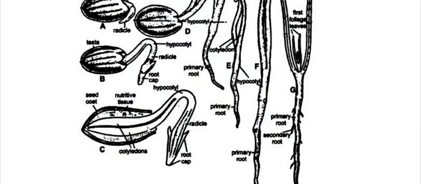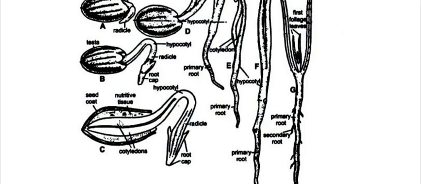Here this diagram is showing the longitudinal section of the germinating seed, the hypocotyl region from which the radicle is produced, and the radicle is the part from which the first root, the primary root, is produced, and from this the root cap will also be produced along with the primary root.